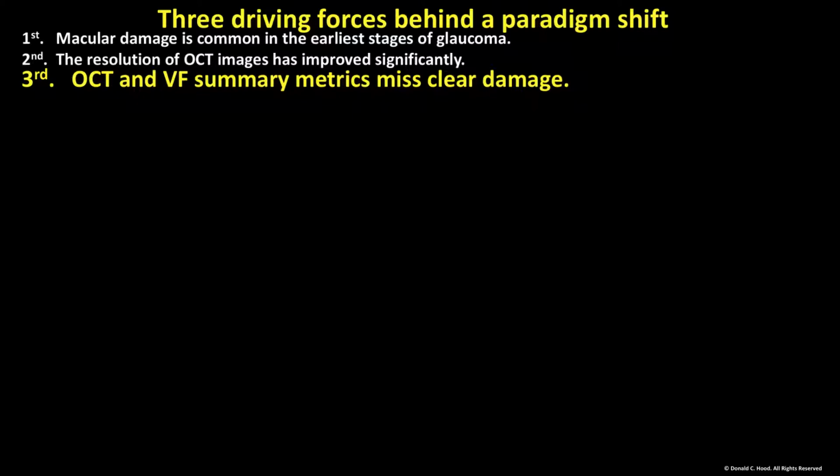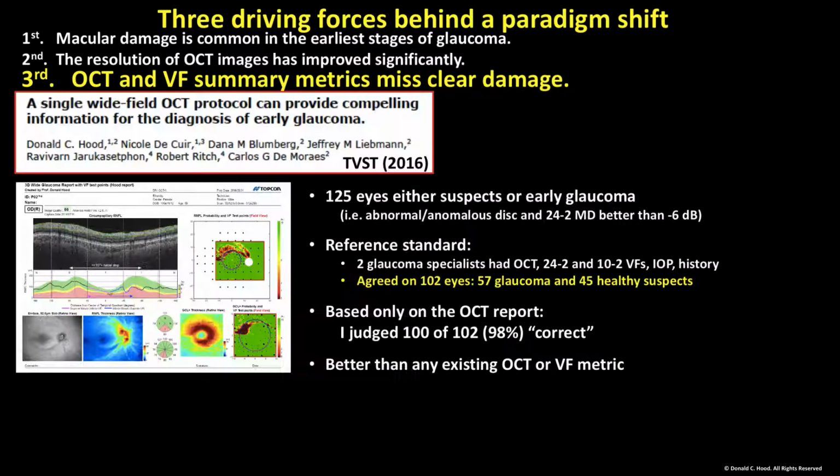All right, the third driving force behind a paradigm shift is an awareness that OCT and visual field summary metrics miss clear damage. So here's our contribution to this literature that's slowly building. You might remember that this was a study in which the 2 glaucoma specialists who were not involved in the care of these patients agreed on 102 eyes.